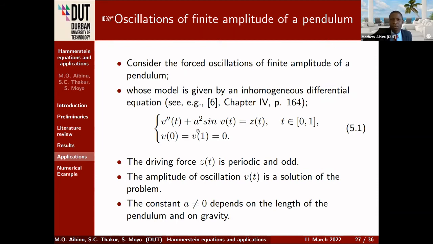This model can be found in this text. In equation 5.1, the derivative of z of t is periodic and odd, and phi of t is the amplitude of the oscillation and is the solution of this problem. The constant A depends on the length of the pendulum and also on gravity.